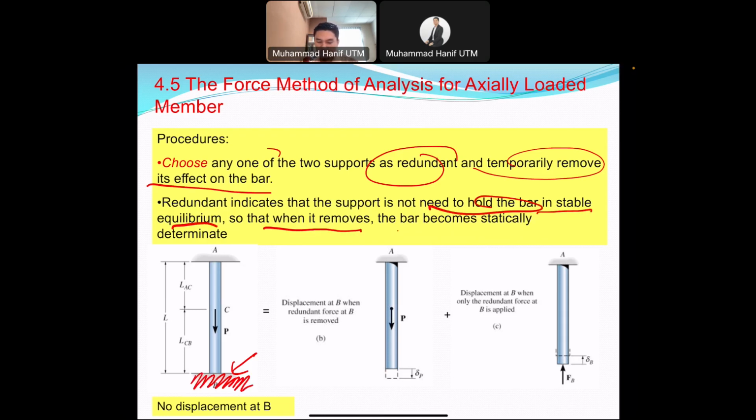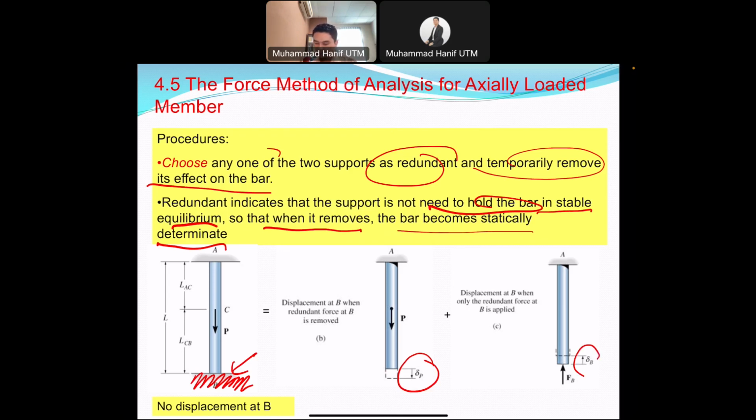When it is removed, the bar becomes statically determinate, which means we have delta P here, as I mentioned. But in order to counter the displacement, we have to introduce another displacement to make sure it is an equilibrium system.